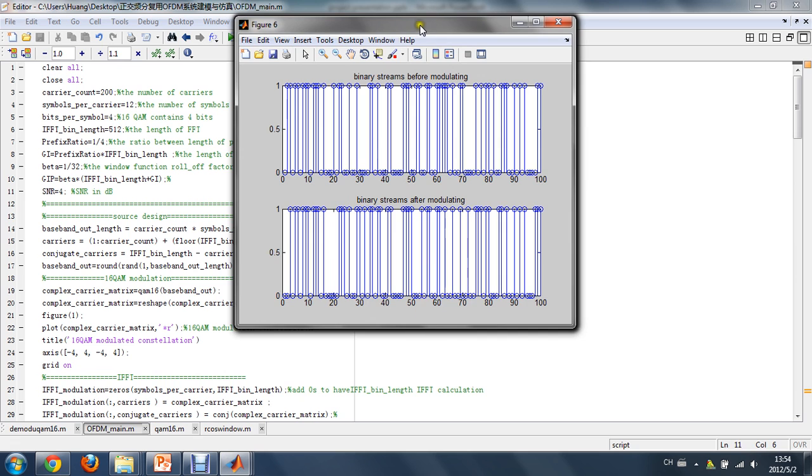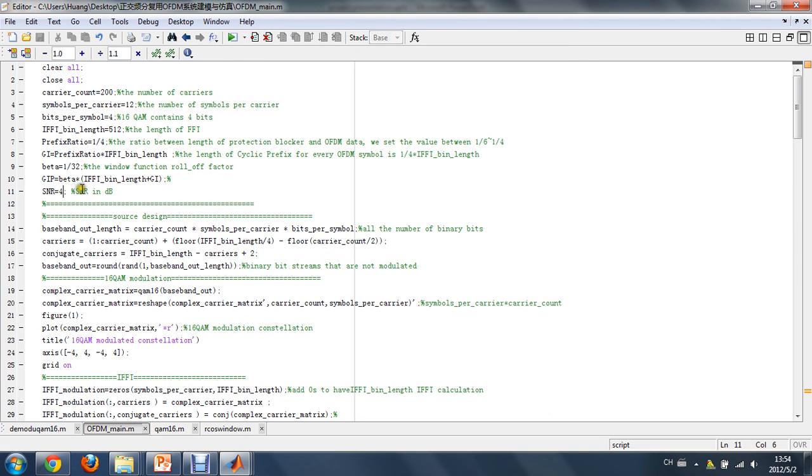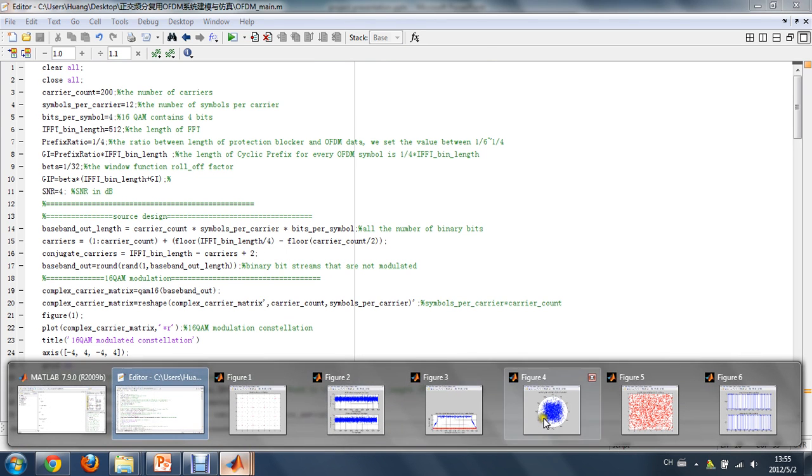From here it is easier to see that there are some errors occurring between the transmitted signal and the received signal, and the reason is that when the SNR is low there is a lot of interference, and the delay duration is greater than the length of the cyclic prefix. Which means that OFDM cannot eliminate a lot of errors in this system.